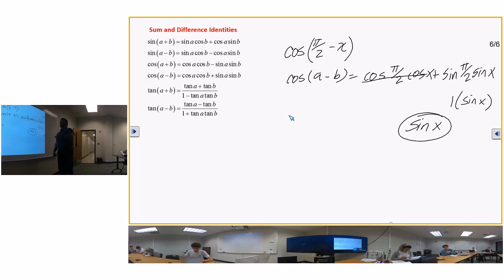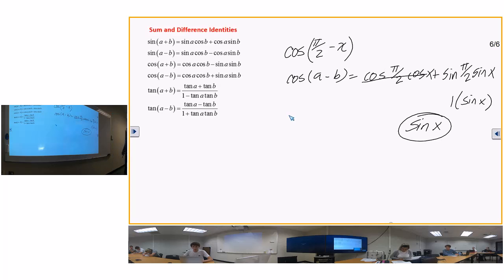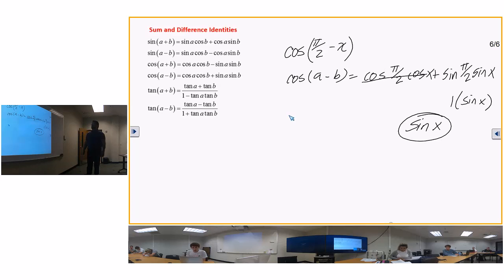You're also going to be doing stuff with the identities different from any class that you've ever done before. I'm just telling you that for right now because I can't explain it without actually doing the calculus, so we're not going there.